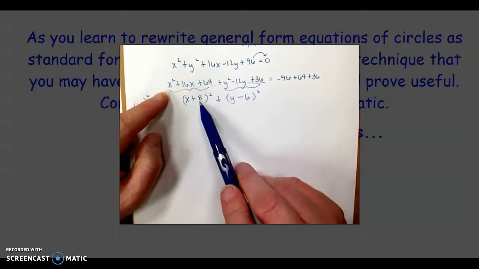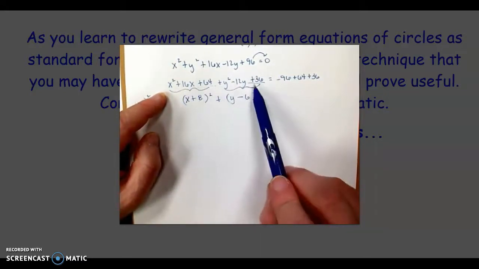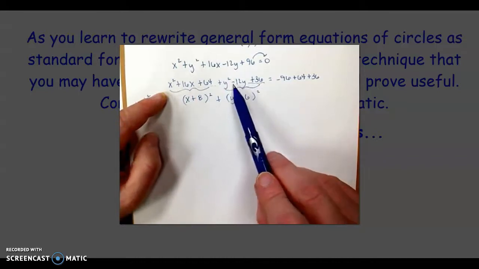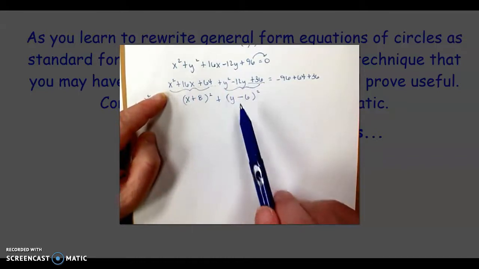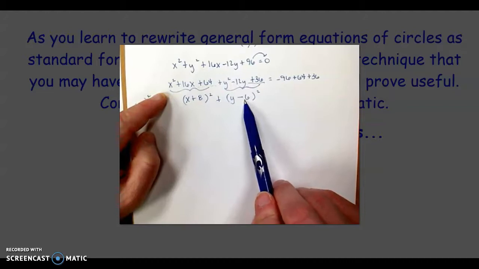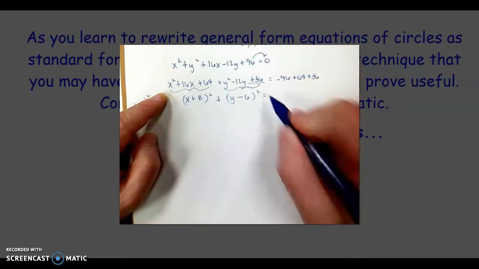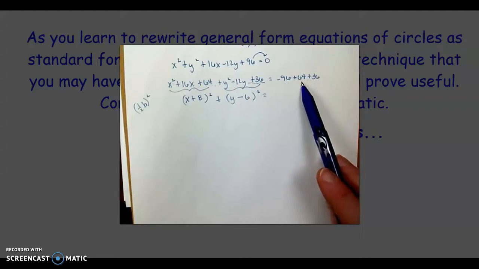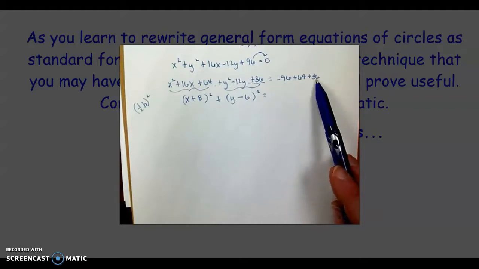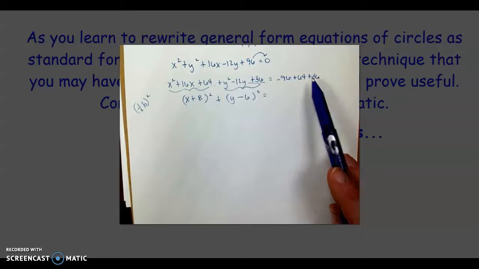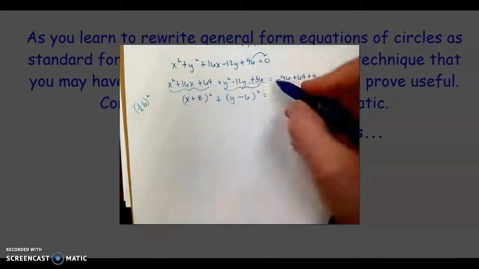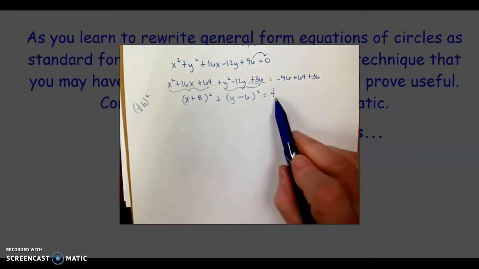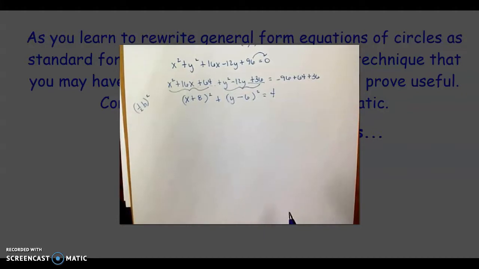They both have to be 8s. What numbers multiply to get positive 36 but add to get negative 12? They both have to be negative 6s. Over here, we're simply going to add negative 96 plus 64 plus 36. 64 and 36 is 100. Add that to negative 96, I get 4. That's a perfect square. If you get something other than a perfect square there, you know you've done something wrong.